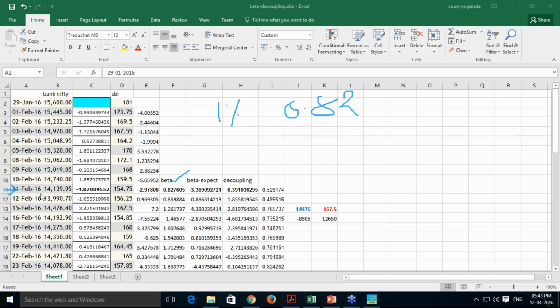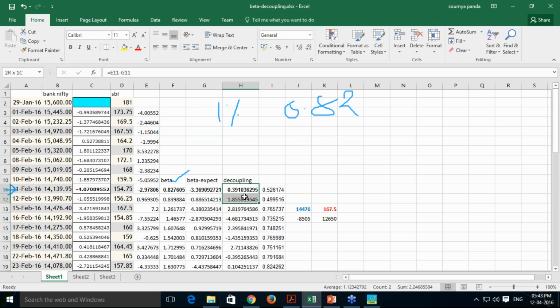Day basis, 11th February you got a decoupling value. Again 12th February you got a decoupling value. 13th February you got a decoupling value. So if you add these two days, 11th February and 12th February, you are just crossing 2.24.